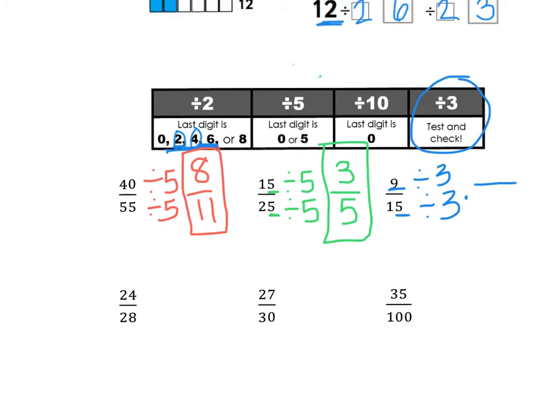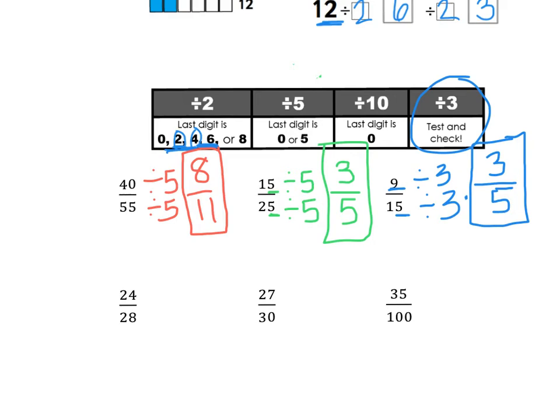So 9 divided by 3 is 3, and 15 divided by 3 is 5. Although there's not a rule we're going to give for 3, you can always think, does 3 go into both these numbers as well? And it does. And we end up with 3/5 as our most simplified fraction.